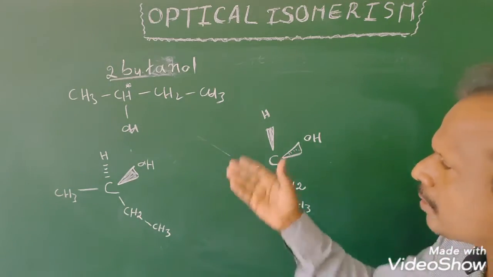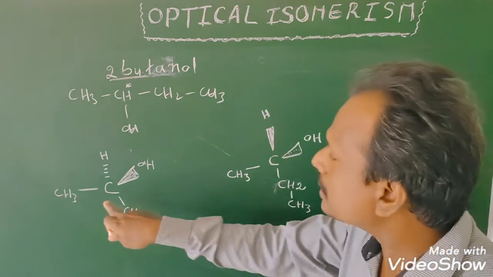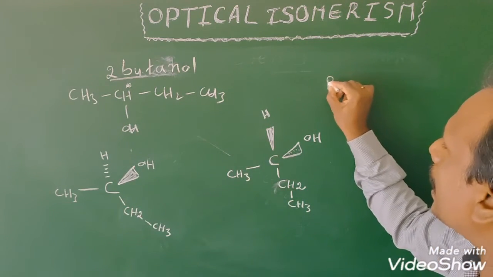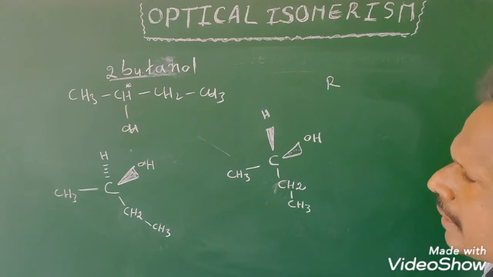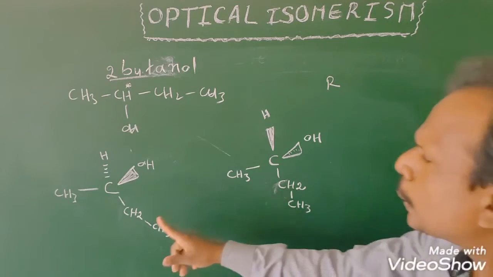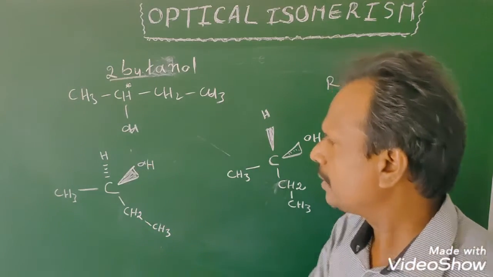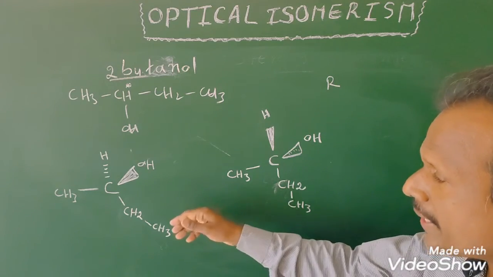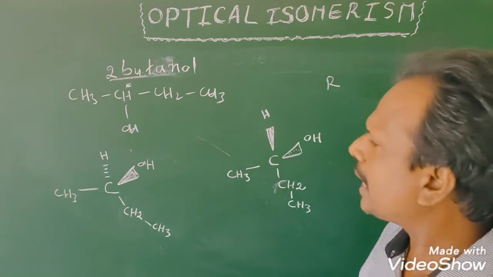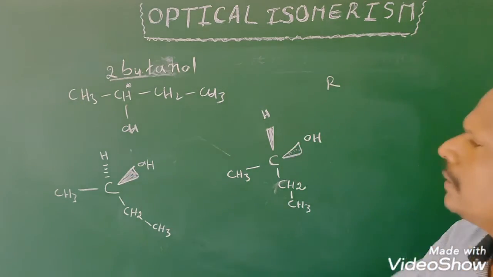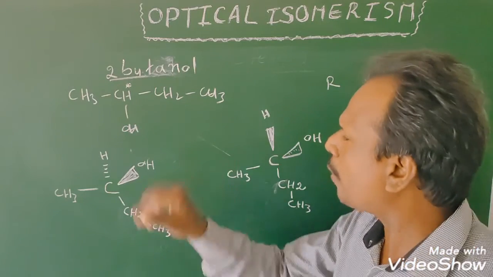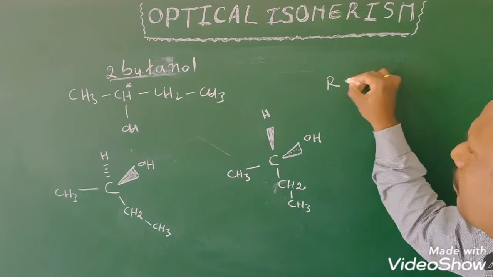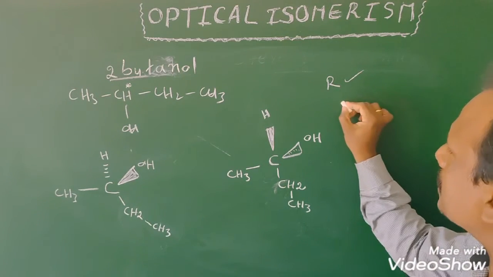Chiral carbon has chirality. What is chirality? How the four groups are arranged in space. Chirality indicates the spatial orientation of four groups around the chiral carbon. In one isomer, if they are clockwise, its chirality is called R. For anti-clockwise, it is called S.